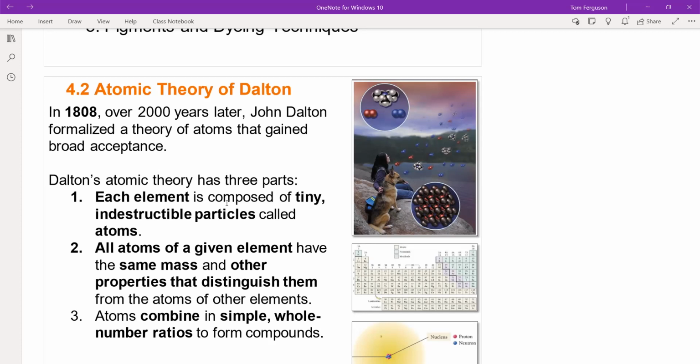Like, what's the formula for water? H2O. It's not H 1.9 O 0.9. It's H2O. Integers. Basically, he's saying you can't have half of an atom combining, or a third of an atom.